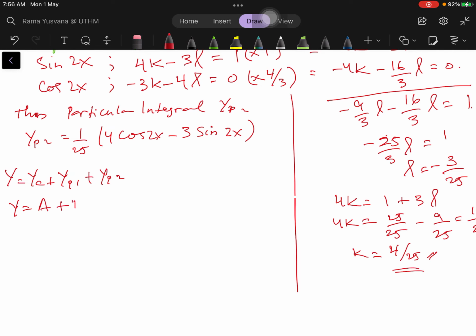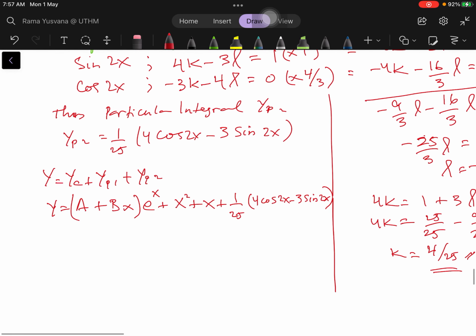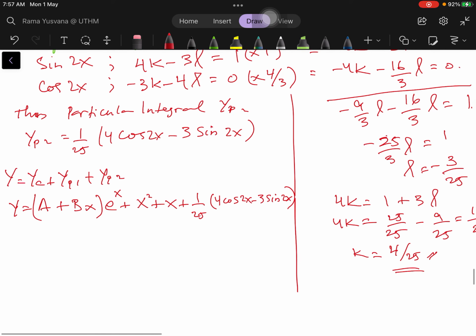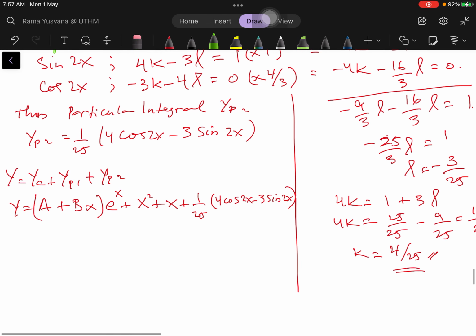So y equals yc, which is (a plus bx) times e to the power of x, plus the value of yp1, which is x squared plus x, and the value of yp2 is 1/25 times 4 cos 2x minus 3 sin 2x. Okay, that's it.